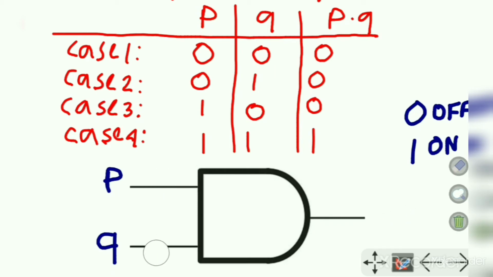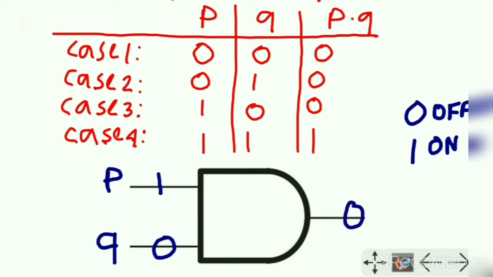There are two other cases, case number 3 and case number 4. Now I am considering case number 3. That means if P is 1 and Q is 0, then also P dot Q, that means the output, will be 0 according to the truth table.